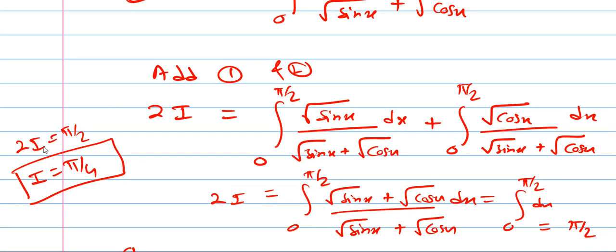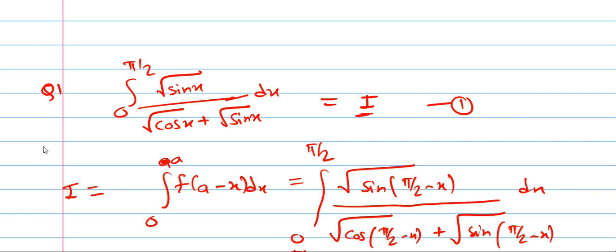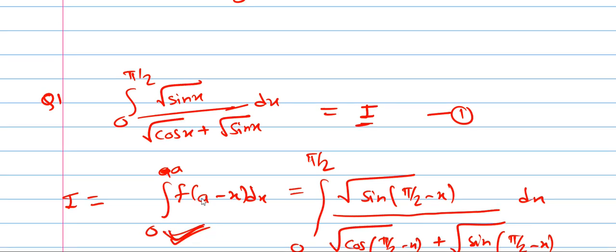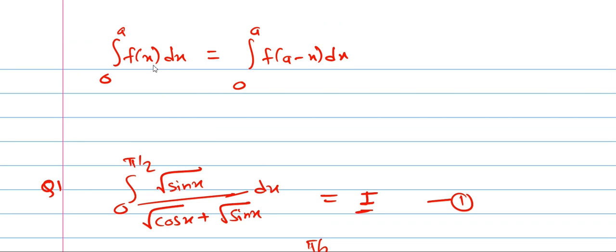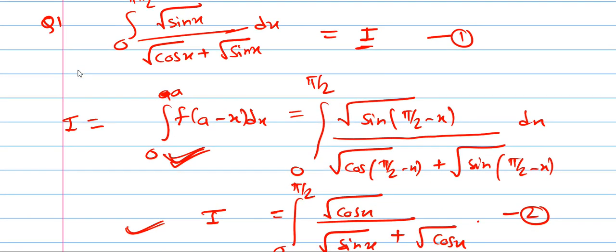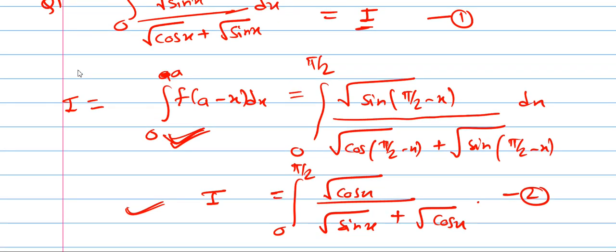Once again I will repeat. So this is the I given. We have to determine the value of I. So I have determined this integration because I know this property that these two integrations are the same. So I have calculated this thing. It comes out as equation number 2.